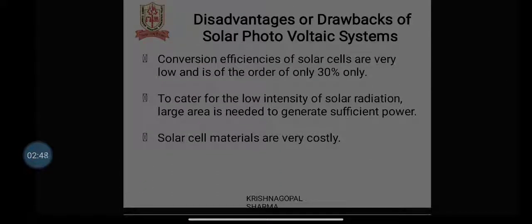So let's see its disadvantages. The conversion efficiency of solar cells is very low, of the order of only 30 percent. To cater for the low intensity of solar radiation, a large area is needed to generate sufficient power. Solar cell materials are very costly.